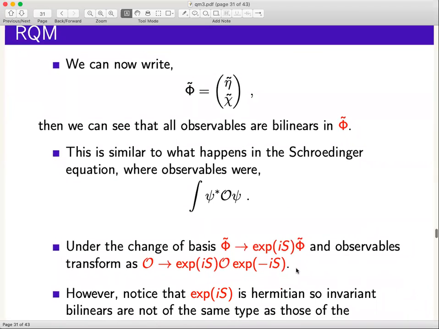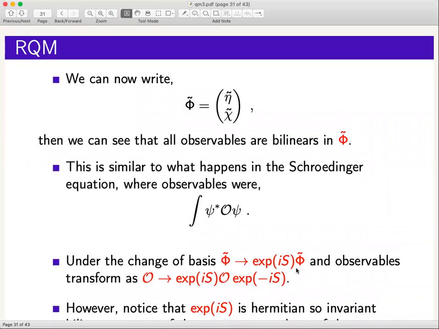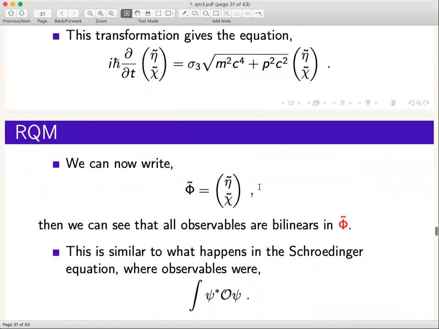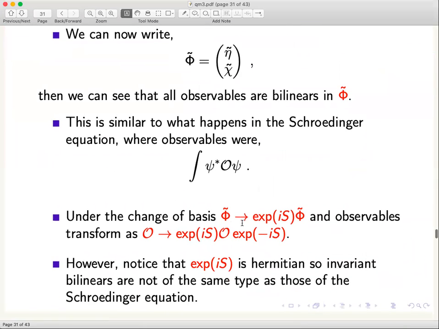If you want to write down observables like that, then we know that under the change of basis, phi tilde would go to e to the i s times phi tilde, whereas the observables will transform as e to the i s O e to the i s inverse, which is the same as e to the minus i s. That is how the observables would transform, because it's a similarity transformation.